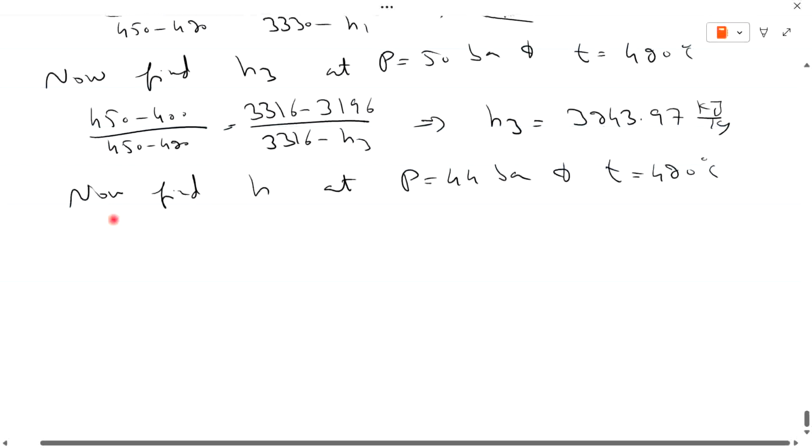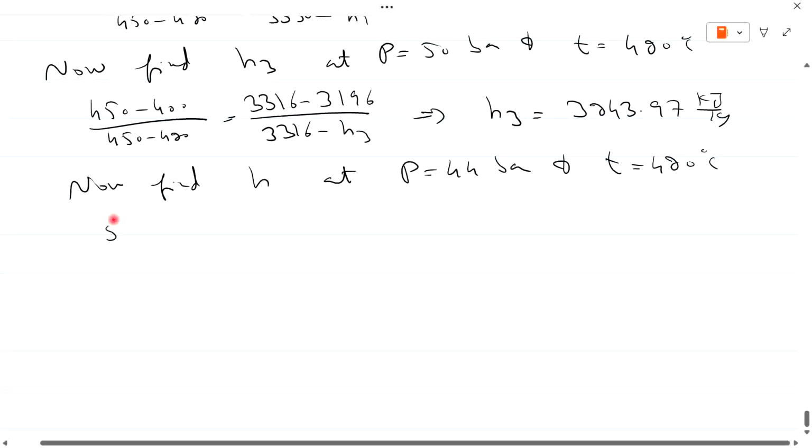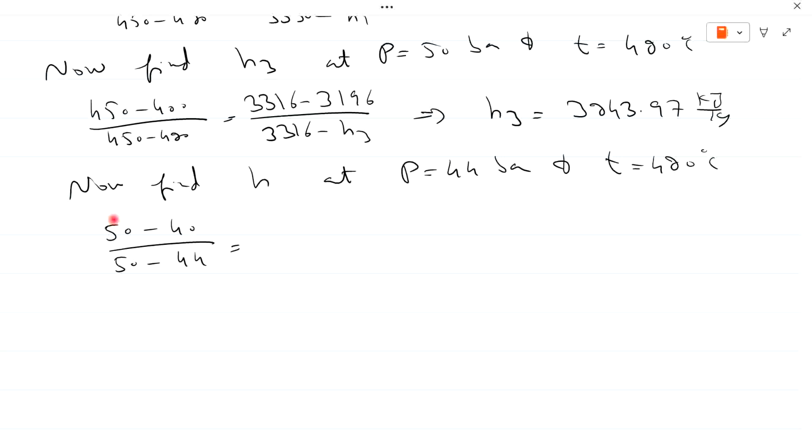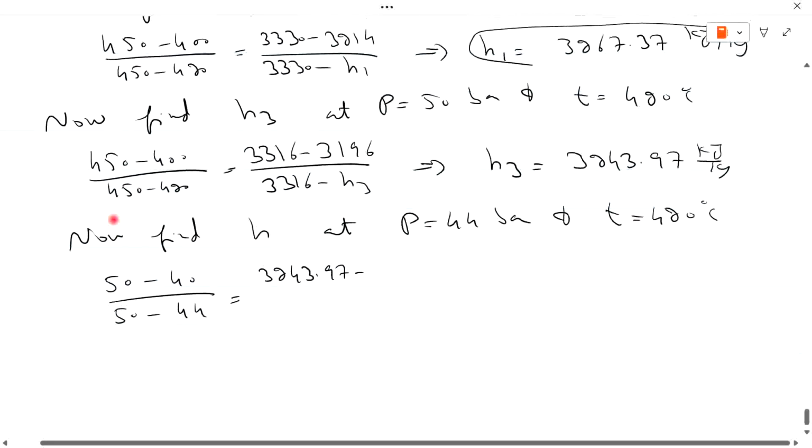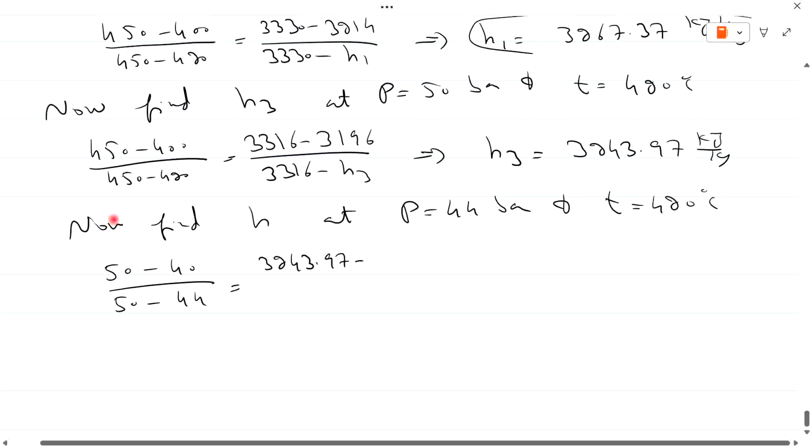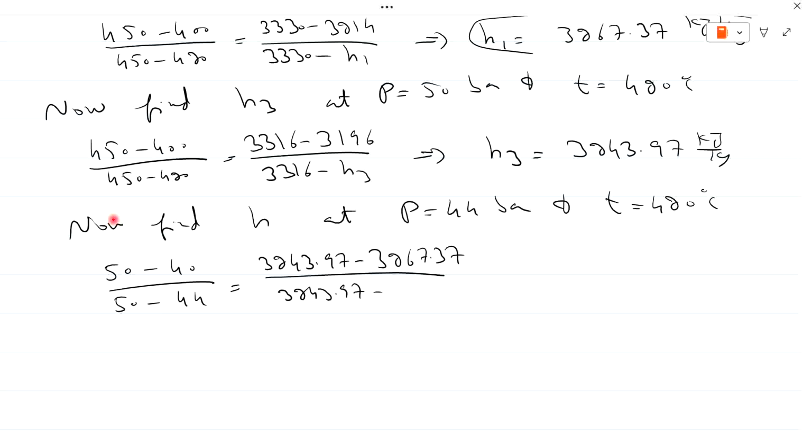So for pressure, (50 minus 40 bar), third minus first divided by third minus second is equal to (H3, the third value, 3243.97 minus the value of enthalpy H1, 3267.37) divided by (third minus second, H).